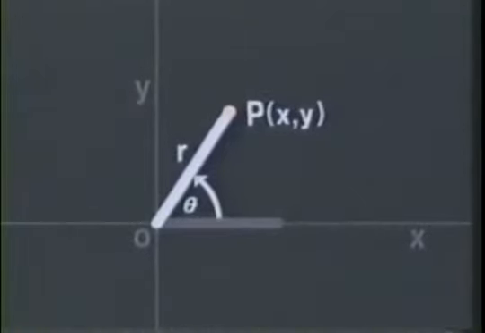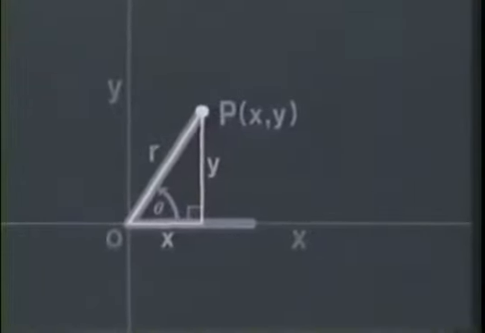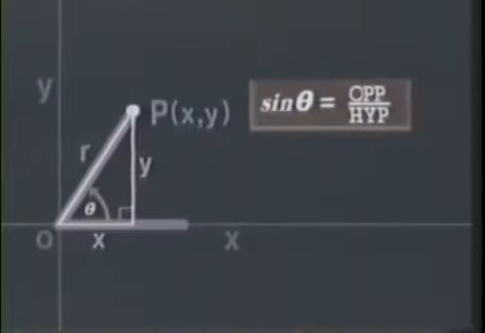We can also find the trig ratios for point x, y. An imaginary triangle is created with sides x, y, and r. The sine of angle theta is opposite over hypotenuse, or y divided by r.